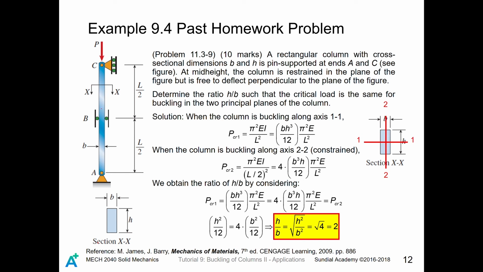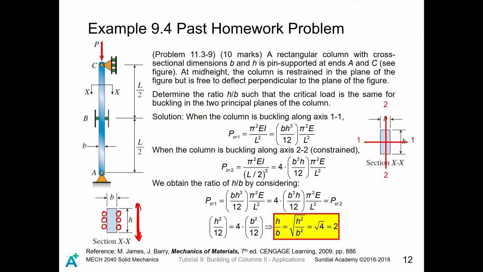Well, the meaning of restrained is that, from this figure, we know that this cross-section cannot deflect along the transverse direction of the section XX, but it can deflect in the lateral direction. That is, for this column, it cannot deflect with respect to axis 2, 2.